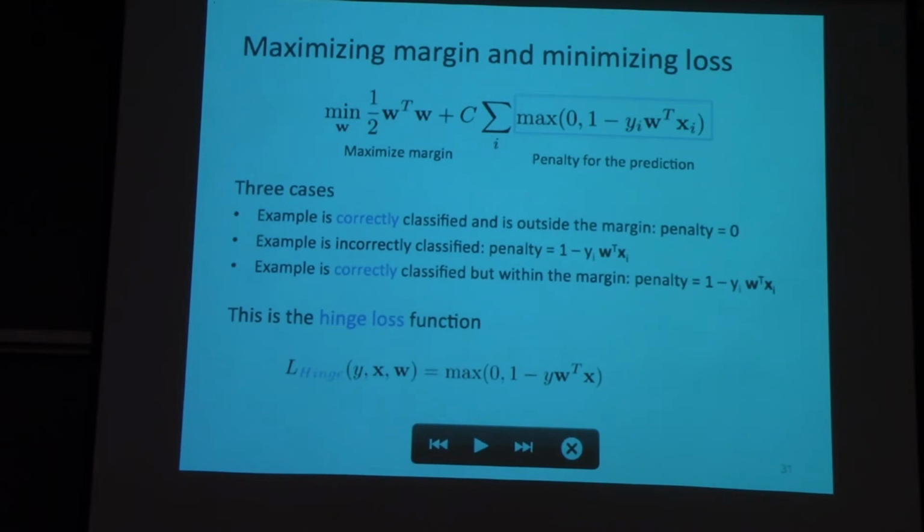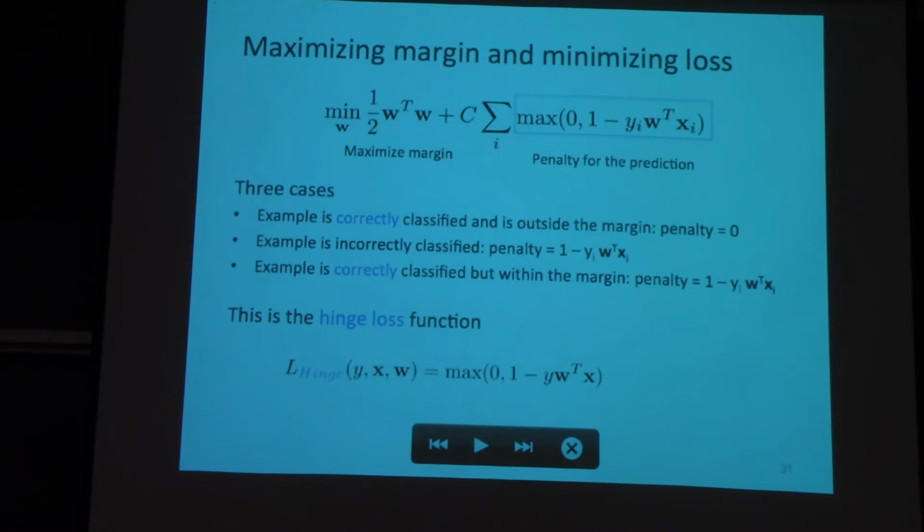On the other hand, if y w x is less than 0, that means we labeled this example wrong. So y and w x have different signs, we make the wrong prediction. So in either case, we have to introduce a penalty which equals 1 minus y w x.